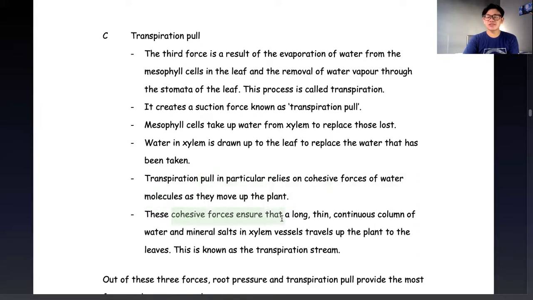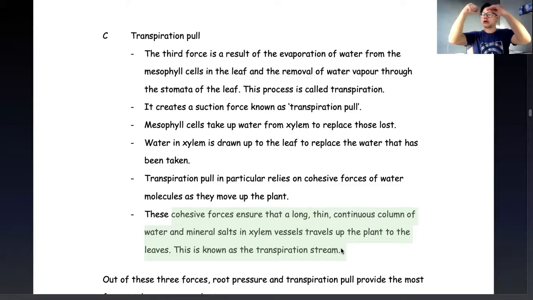These cohesive forces ensure that a long, thin, continuous column of water and mineral salts in the xylem vessels travels up the plant to the leaves, and this is known as the transpiration stream. If you pull one, the rest of the water molecules from the rest of the plant also get pulled along, so it's like a stream of water. It's like when you open a pipe or hose, it just produces a stream of water going up.